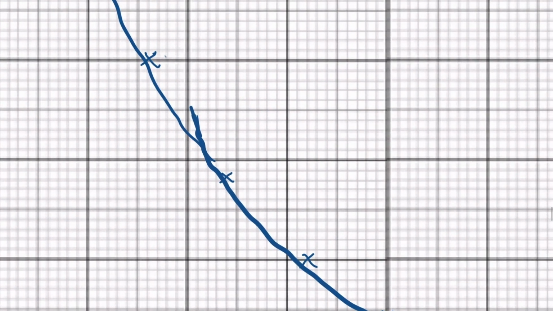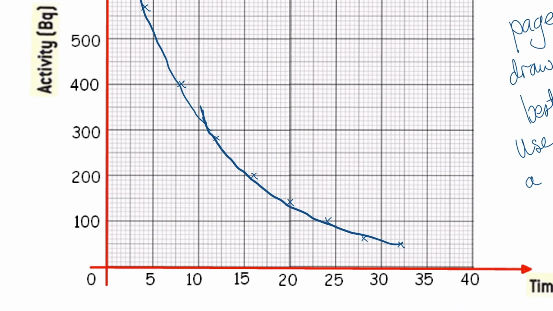Because if you were to imagine, the value for time here at 11 seconds is giving us two different readings for activity. It's giving us 350 and about 330. So that's one thing you mustn't do. So again, just do your best.